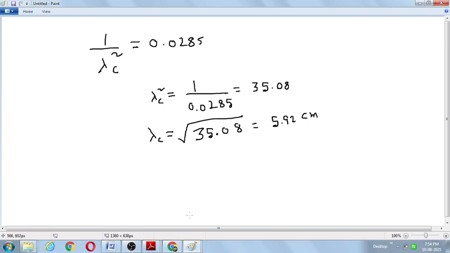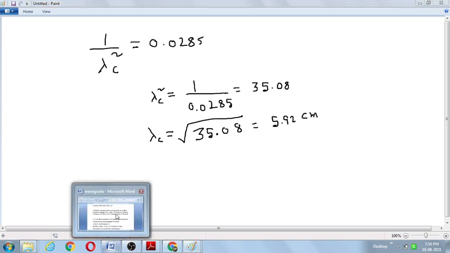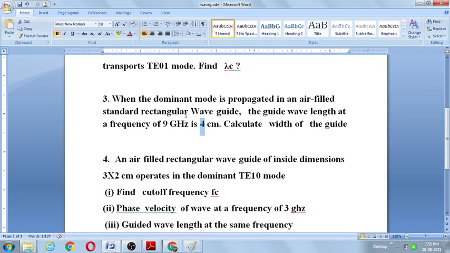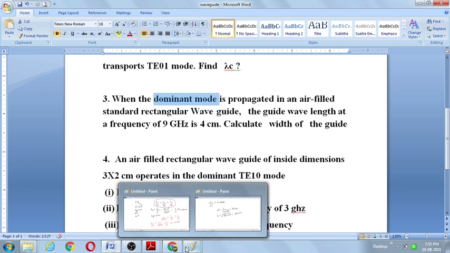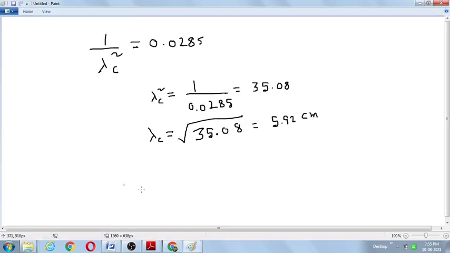So remember students, in the given data, the rectangular waveguide is operated in dominant mode. The dominant mode of a rectangular waveguide is TE10. So in TE10, the cutoff wavelength lambda c is equal to 2a.